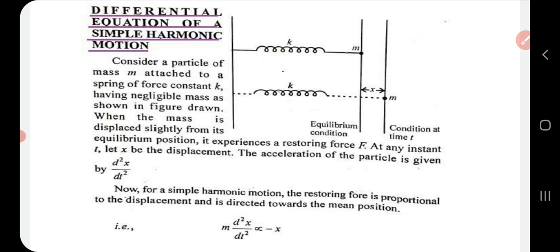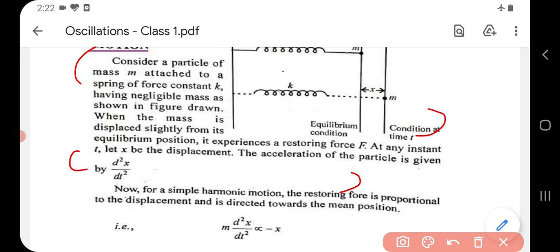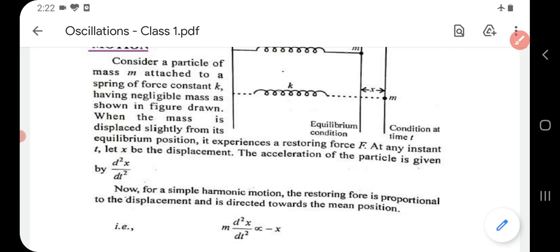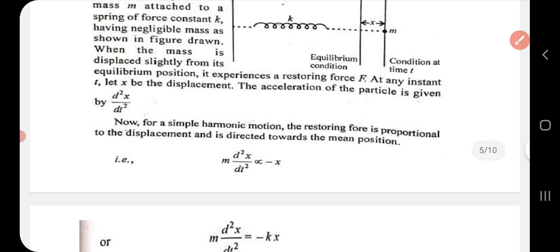Now at any instant of time, say t, let x be the displacement. Then what will be the acceleration? If x is the displacement, then you know velocity is dx by dt. Then acceleration will be d square x by dt square. Now for a simple harmonic motion, as per the definition we have learned, the restoring force is always proportional to displacement and is directed towards the mean position.